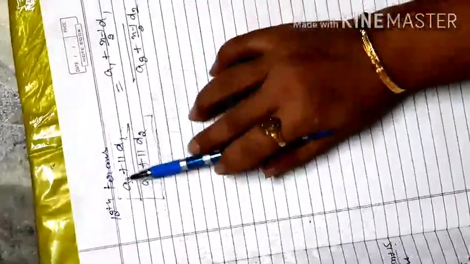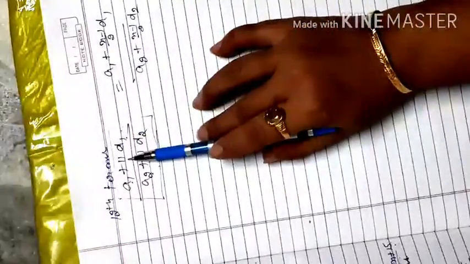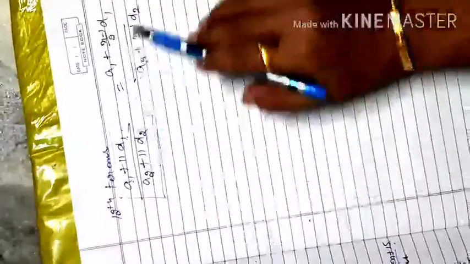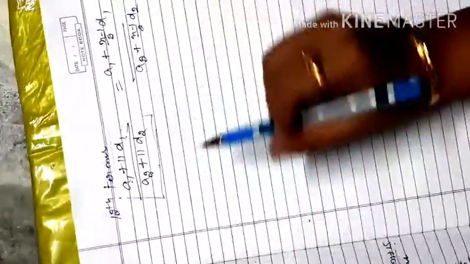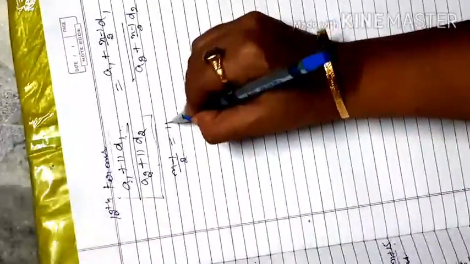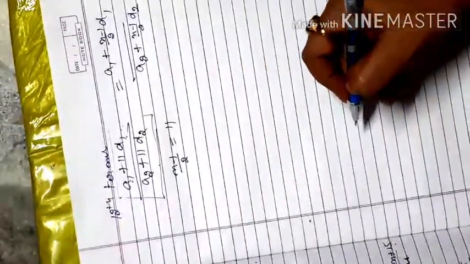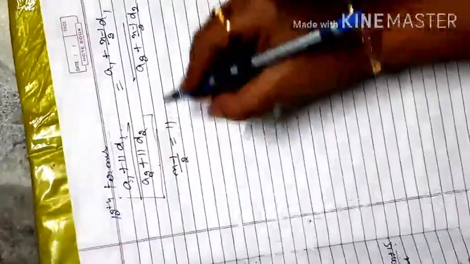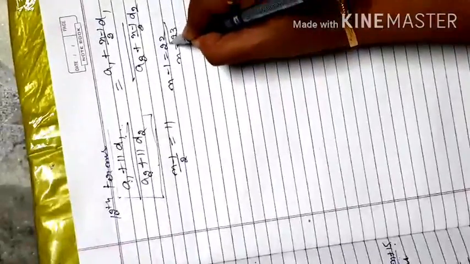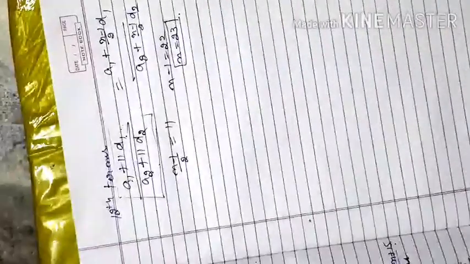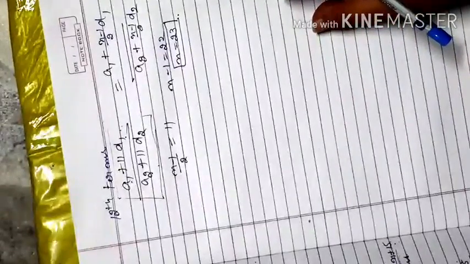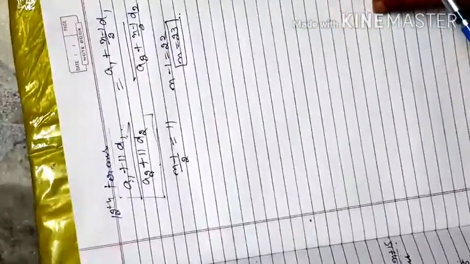If you compare, a1 and d1 are in the same place, the only difference is (n minus 1)/2 equals 11. When you compare the left side with the right side, in place of (n minus 1)/2, in the other term there is 11. From here I will get n: cross multiply, n minus 1 is equal to 22, n is equal to 23. So if n is equal to 23, I will receive the 12th term.